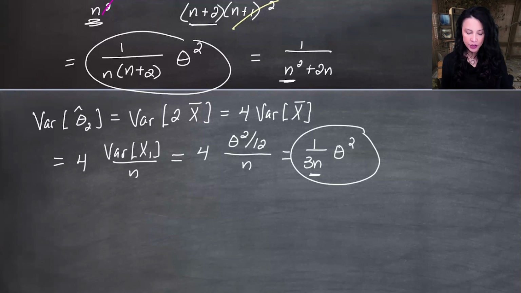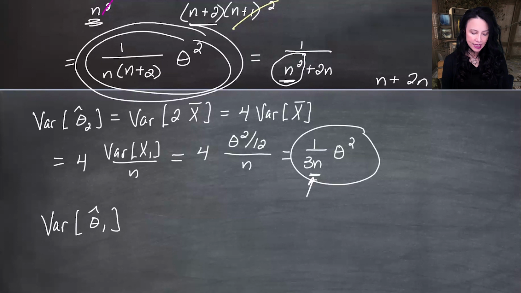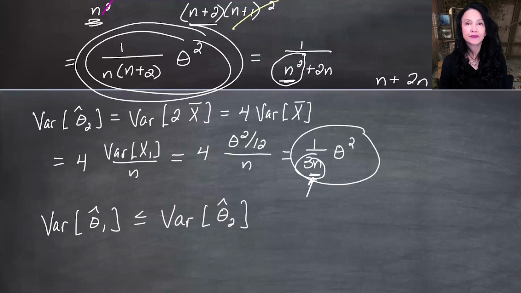But if n gets larger, this n squared grows faster than 2n plus n, which is really what's going on down here. So the variance of theta 1 hat, which is this guy, has a larger denominator than this one, so overall it is smaller than or equal to the variance for this guy.